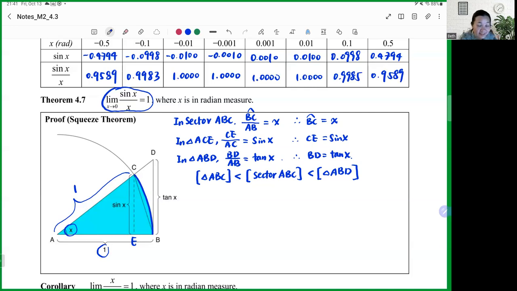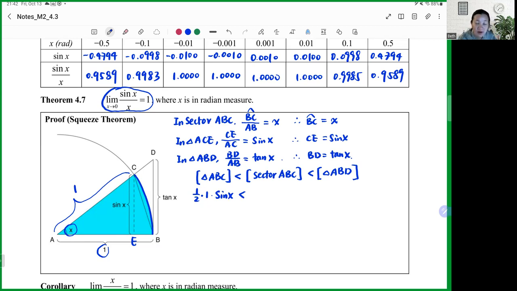Okay? Let me repeat. The area of ABC is 1/2 times base, which is 1, and times height, which is sine X.